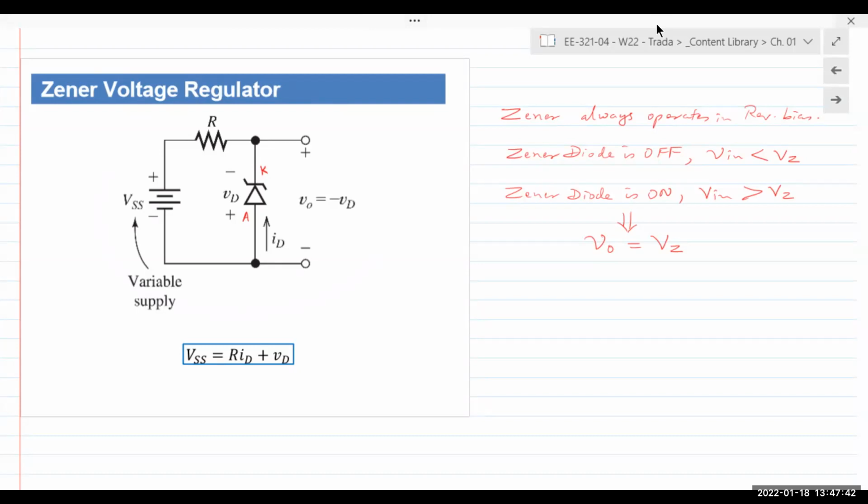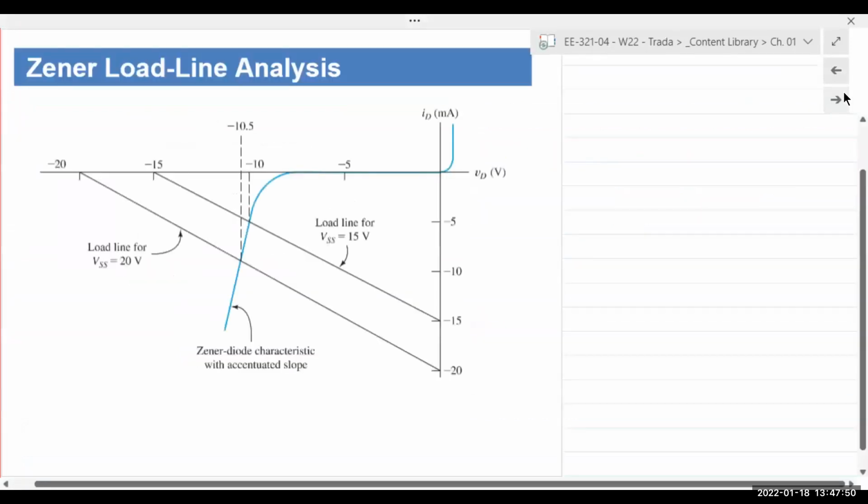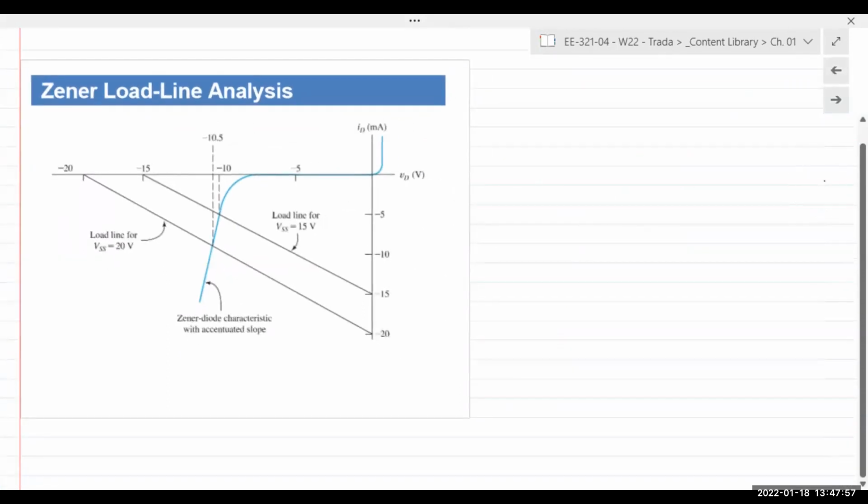We can analyze this using load line analysis, similar to what we did for our regular diodes. So the characteristic of the Zener diode is shown right here. This is the Zener characteristic, the reverse bias region, like this.